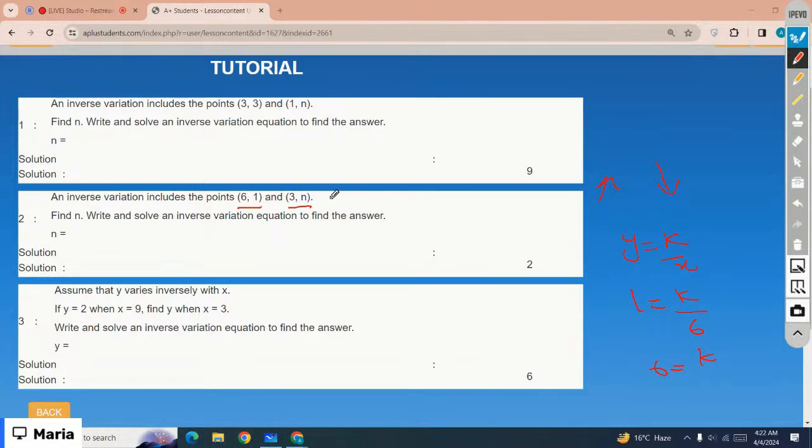You have to find the, no, hold on. That isn't y equals k over x. That equals, hold on. Mm, I forgot.